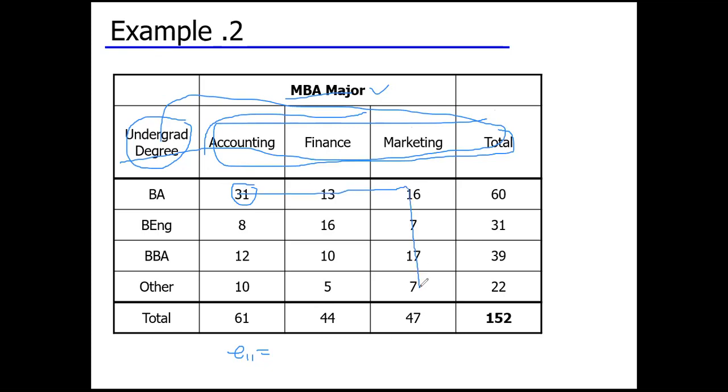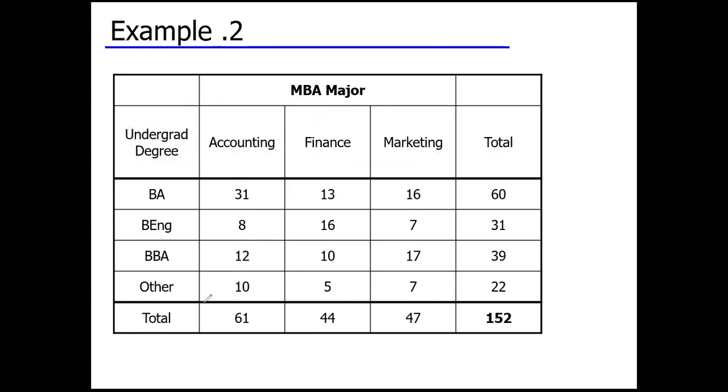Not the totals. Not the undergraduate degree, not the accounting. But you know that 31 is BA intersection accounting. You have to know. Do you now understand?